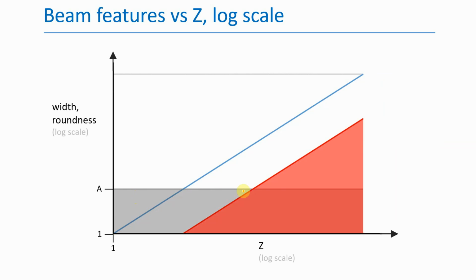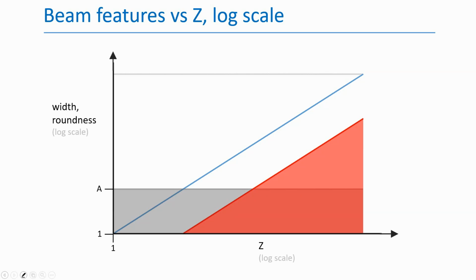If there is shading in either color, then it contributes to the screen pattern. So the screen pattern starts at width A, continues at a constant, and then at the elbow, it starts to expand. Where the two shaded regions overlap, there's roundness. This is where the roundness increases up to the elbow and then remains constant.